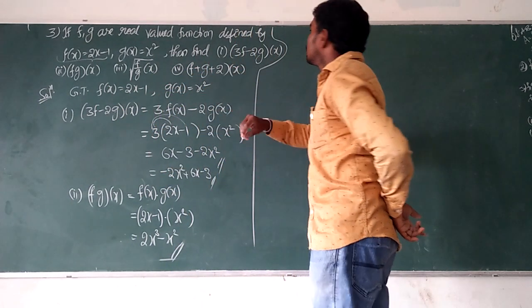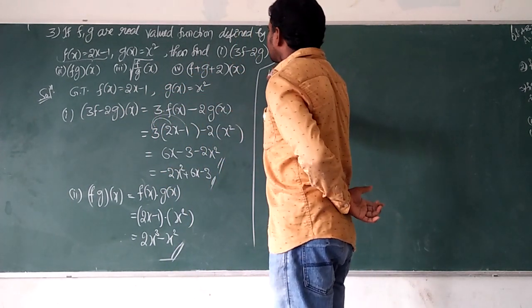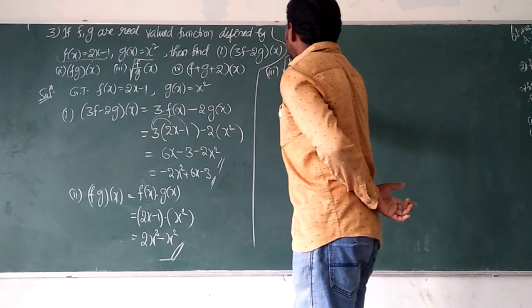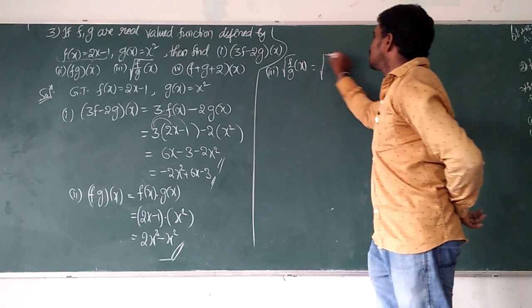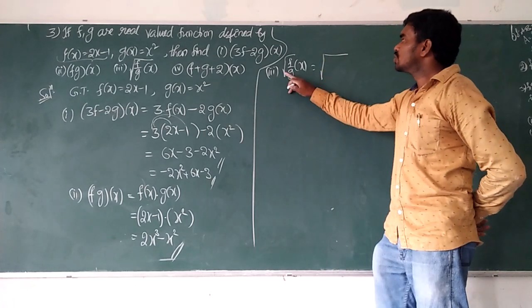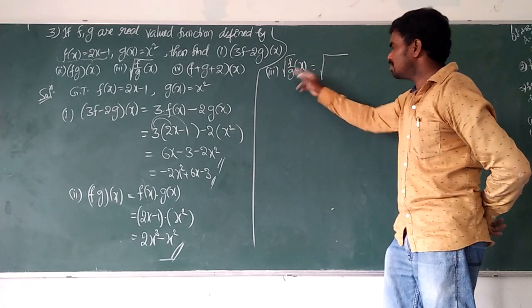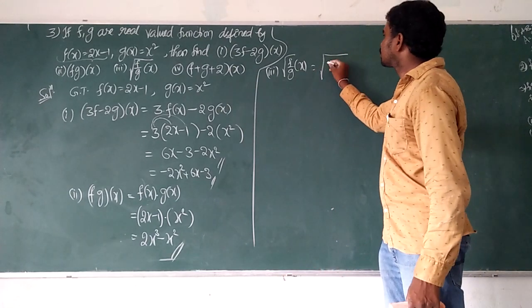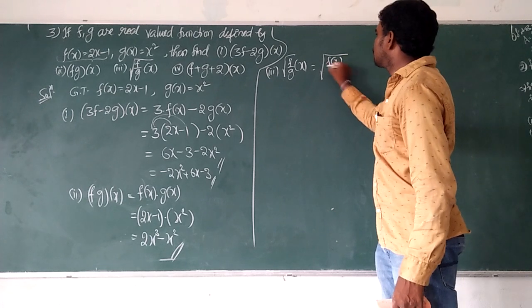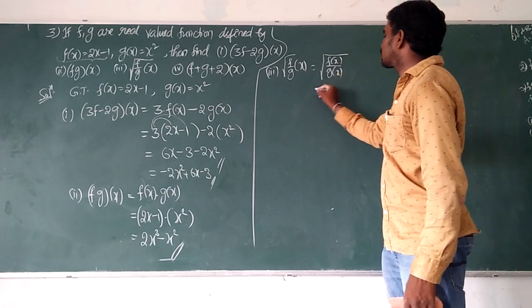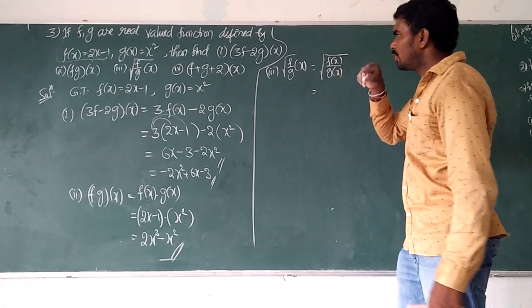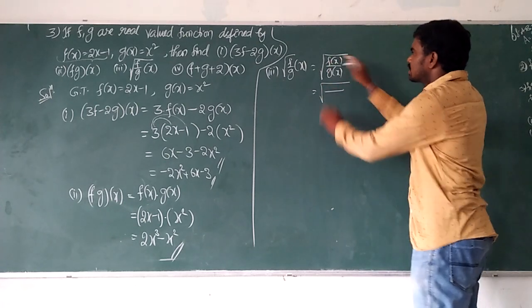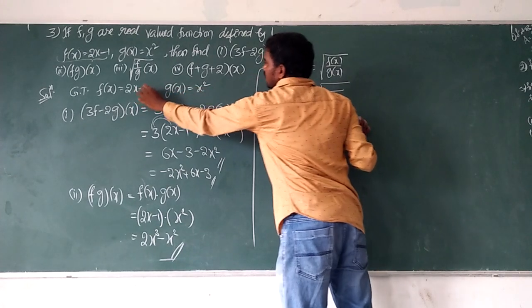Next, see the third one. What's the third one? Root f by g of x. So which is equal, root can be taken to numerator and it can be taken to denominator. So root f of x by root g of x. What is f of x? F of x means what? 2x minus 1.